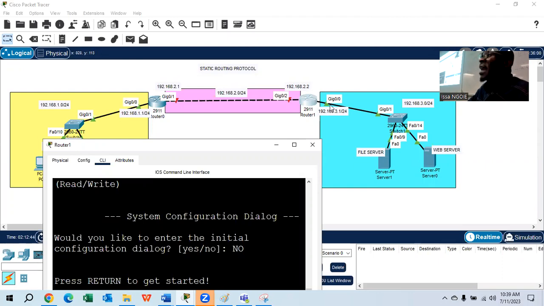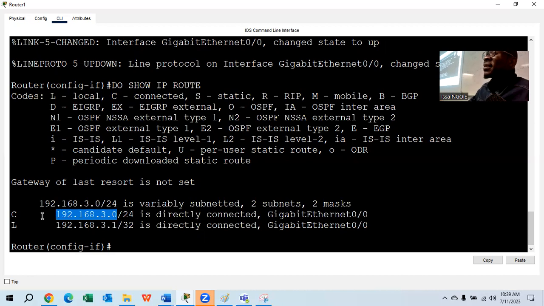Because you assigned it an IP and brought it up. That C tells you my router is connected to one of the networks. And which interface allowed you to connect to that network? It's the gigabit 0/0. Now it's also telling you about the default gateway here, the L, the local.